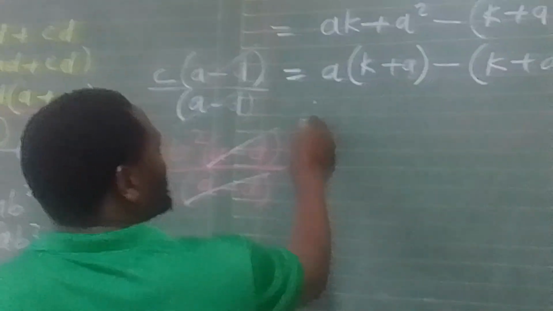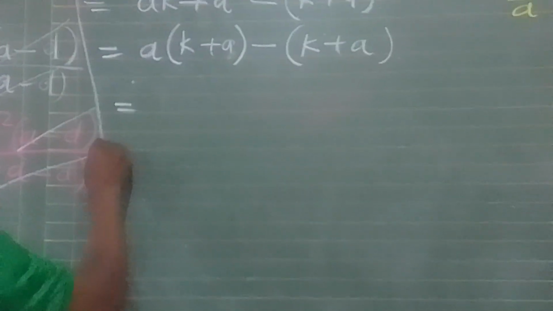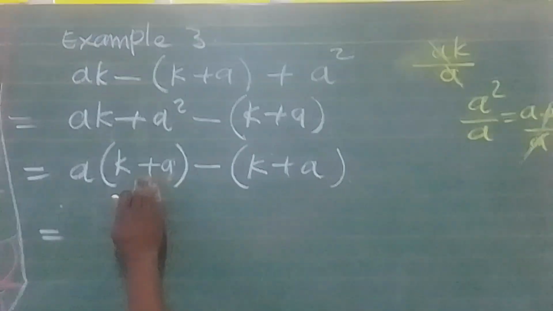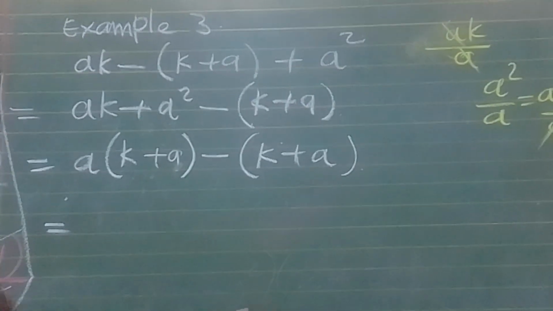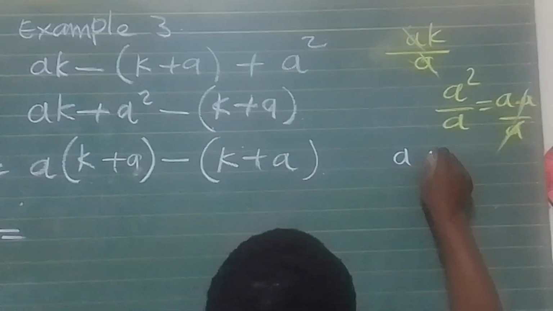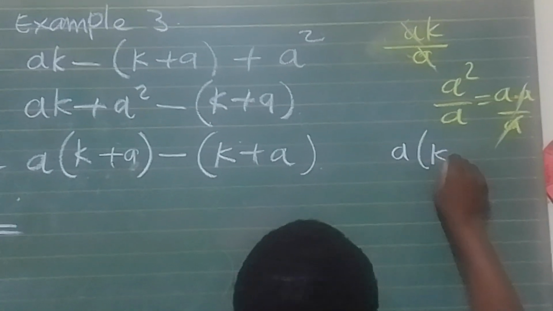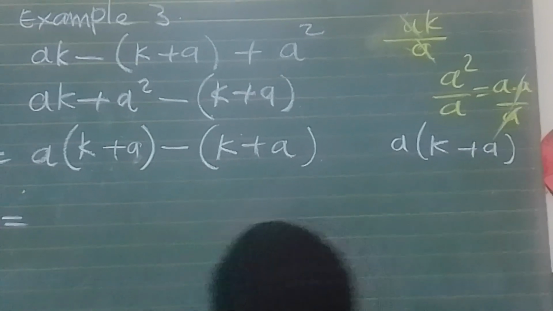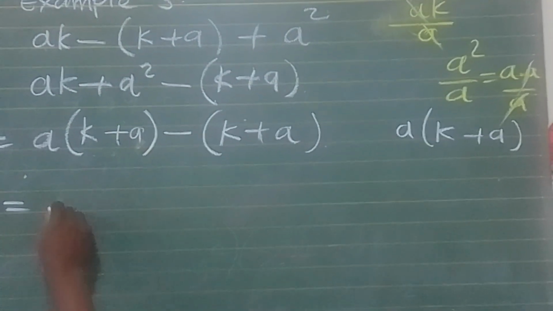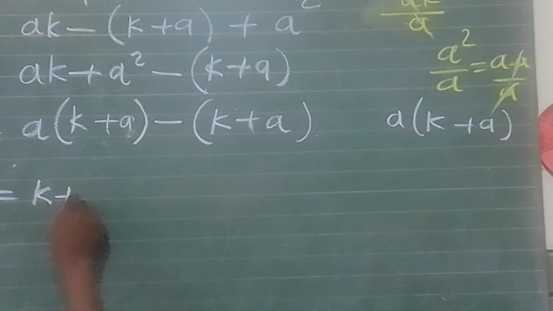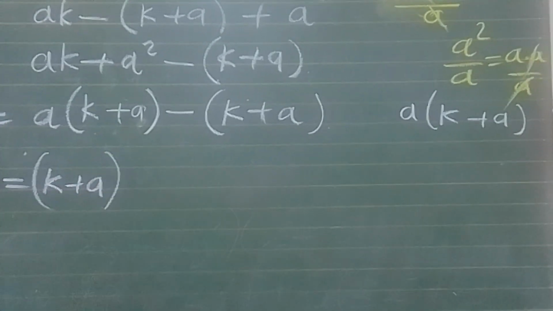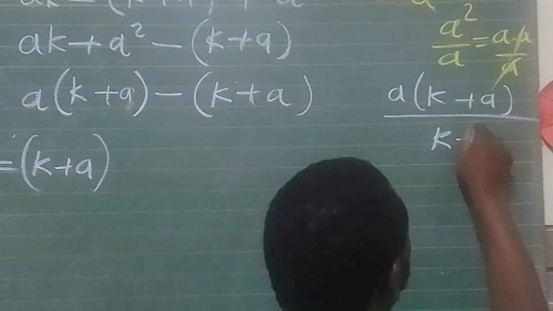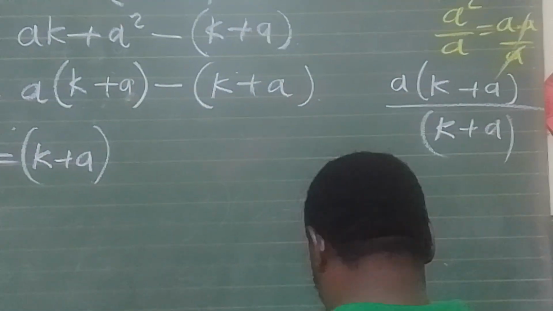Now let's factorize here. The very same thing that you do here. It's a into k plus a. Here I'm going to take out a k plus a. When I take out a k plus a here, it means I divide by k plus a. There you go.